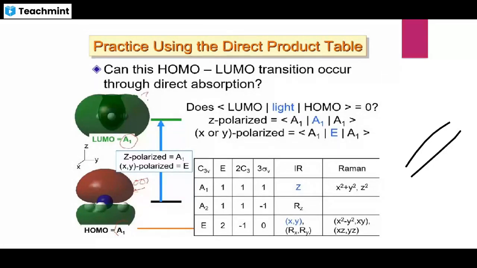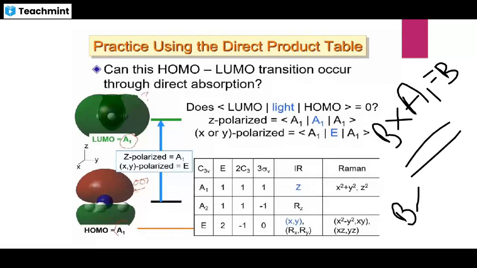You should know the character table, or if you don't know the character table, you should be familiar with this concept. Anything you multiply with a1, meaning totally symmetric, you get the same, b into a1 gives b. And any element multiplied twice, b1 into b1, we get the totally symmetric.